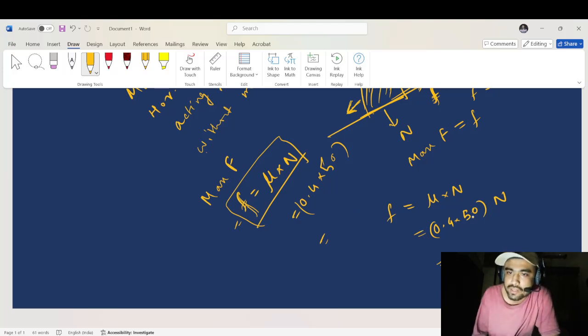So Newton times a constant will be Newton only. So 0.4 times 50 will be 20 Newton. So F equals 20 Newton, which is the F max.